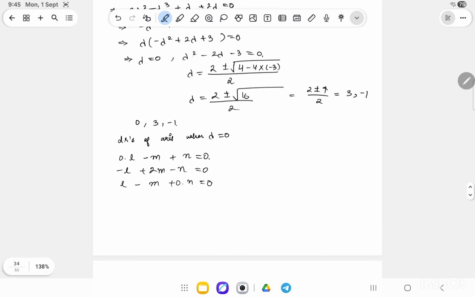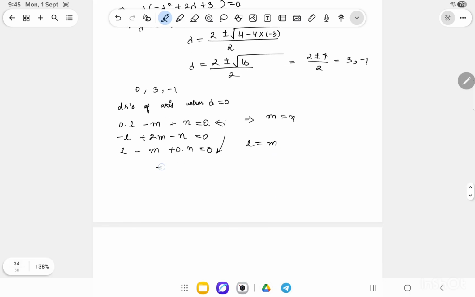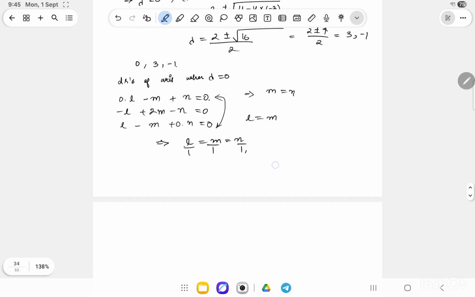So if I solve any two equations, let's just solve the first and third equation. From there I'll be getting m equals to n and L equals to m. So that basically gives me direction ratios as L equals to m equals to n. So my direction ratios are basically 1, 1, 1.